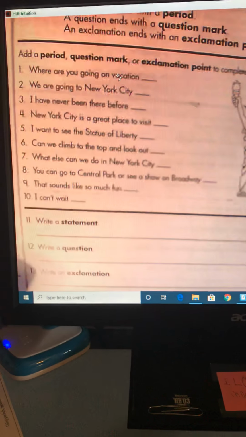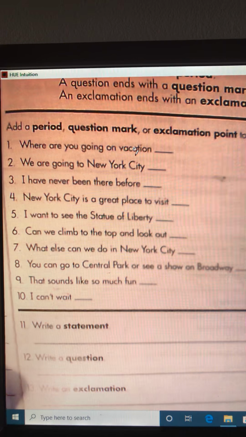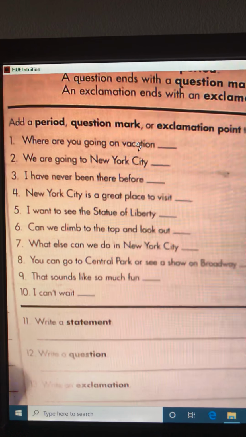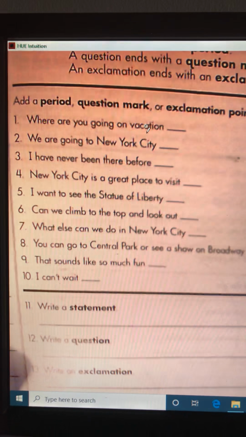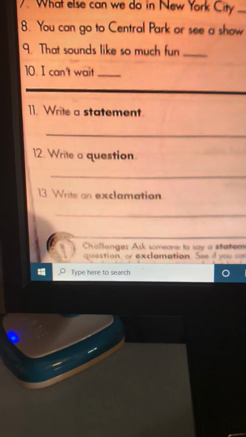Okay, and then it's going to be basically the exact same thing on the back, other than it gives you the sentence and you just have to add the end mark to the end of it. So thinking about, is it going to be a period, a question mark, or an exclamation? And then your last 3 down here, you have to write your own.